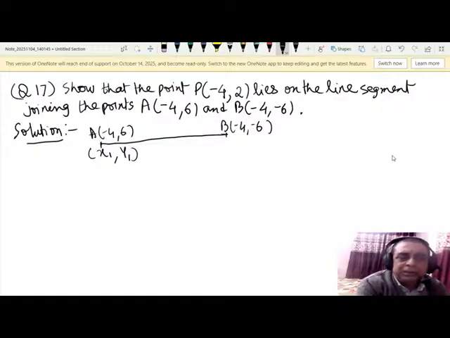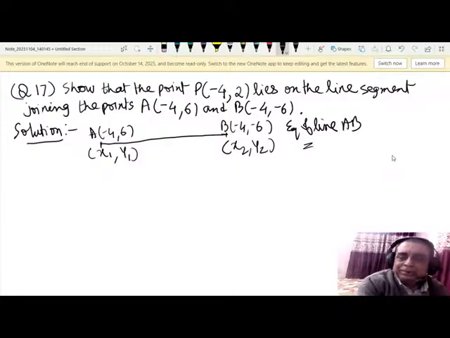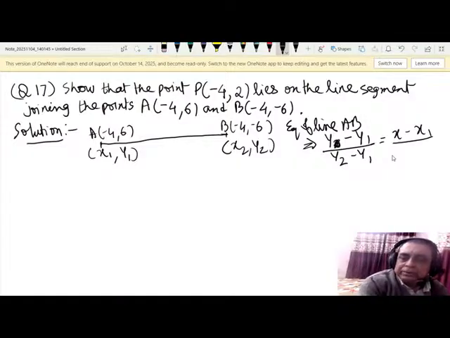Either you call the coordinates of A as x1 y1 or the coordinates of B as x1 y1, and the other coordinate you call x2 y2. Now the equation of line AB, the formula is y minus y1 divided by y2 minus y1 is equal to x minus x1 divided by x2 minus x1.